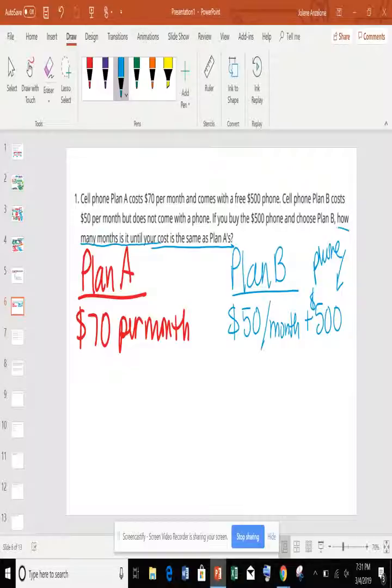So you have different options. You can try to set up an equation. You can lay out how much per month and you can compare and add up as you go. Just remember that the $500 on plan B is only one time, right? It's like a one-time charge.